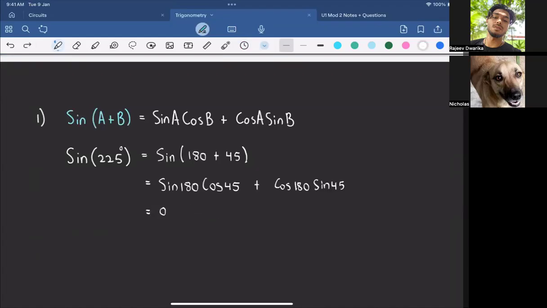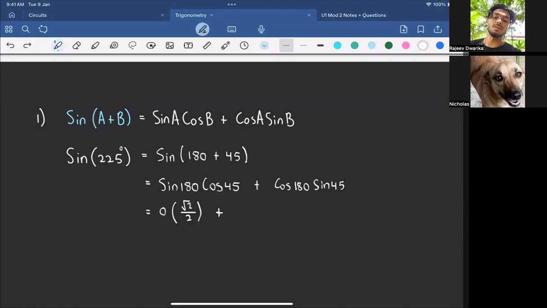So sine 180 is 0 and cos 45 is root 2 on 2, right? And then we have plus. Well, tell me, what is cos 180?